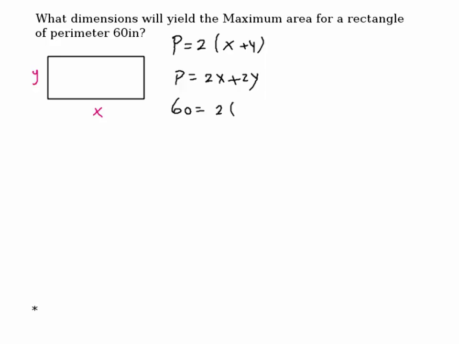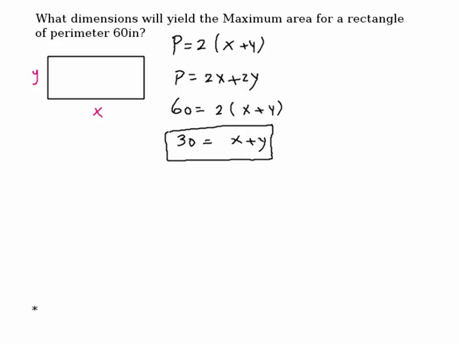So if I go ahead and factor this, I can divide both sides by 2. So it looks like 30 is equal to x plus y. This is what we know so far. So we know the relationship between x and y, length and width here. So I can solve for y in terms of x or x in terms of y.